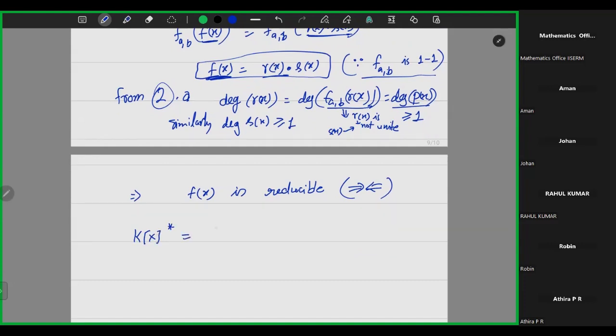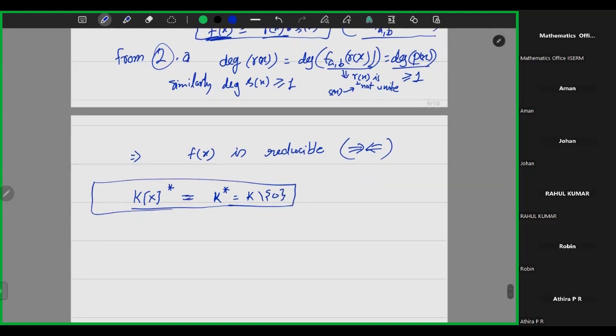They are just the units of the actual ring we took at first. This is also proved in the class. In particular, here in this case it is a field. So we see that FAB of F is irreducible.